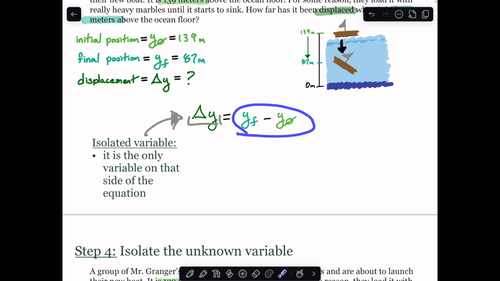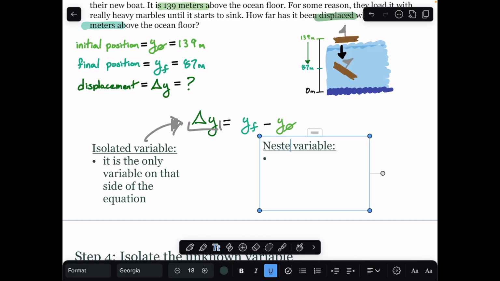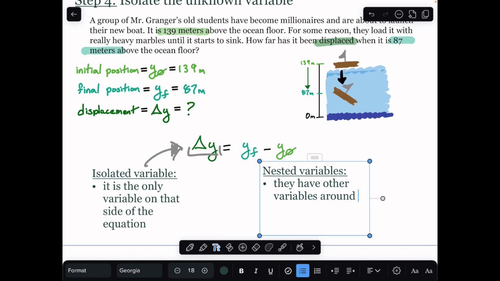These variables over here have other variables around them, so we call these nested variables.